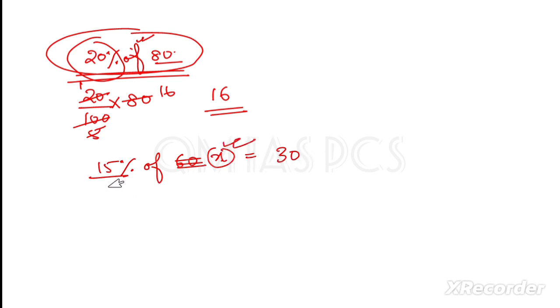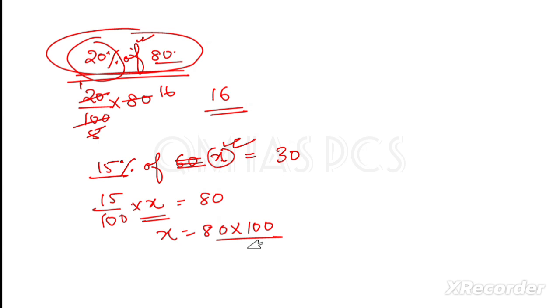We can say 15% means 15 by 100 of x is equal to 80. So what is the value of x? x is equal to 80 multiplied by 100 divided by 15. So we'll get 1600 by 3. This is the value of x. Got it?